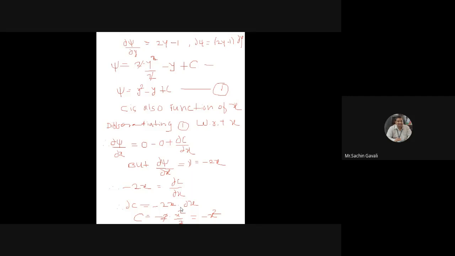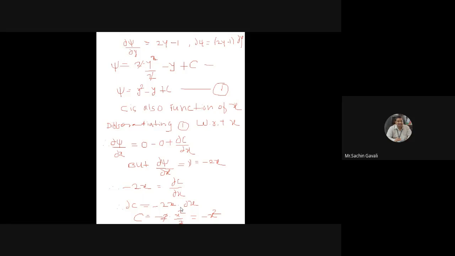But it is not involving the term x. Therefore we consider that c is also a function of x, only x. Differentiating with respect to x, dou psi by dou x is coming as dou c by dou x. But dou psi by dou x is equal to v, which is minus 2x.